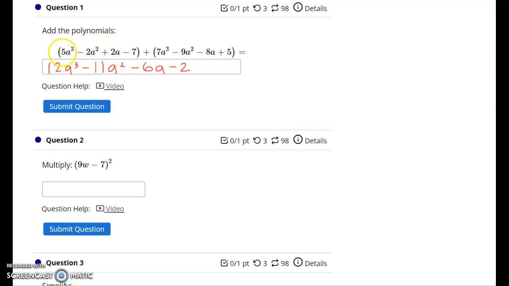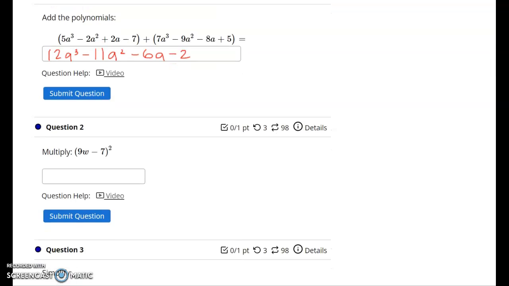So we can double check that. 5a cubes and 7a cubes, we got 12. Negative 2 minus 9, we got negative 11. Positive 2 minus 8, we got negative 6. And then negative 7 plus 5, we got minus 2. Notice that I'm just combining the coefficients. The a cubed or the a squared is just something that follows along.